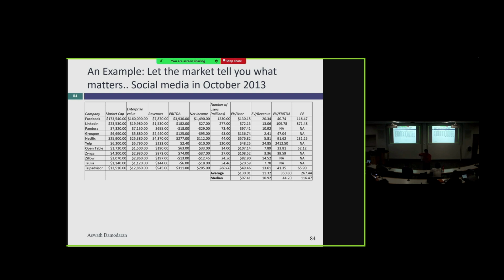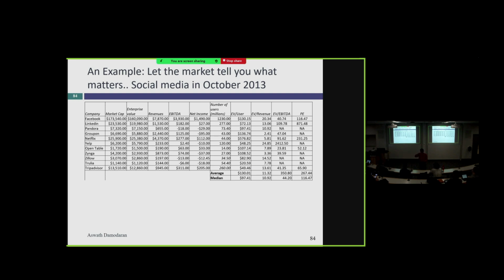So as sectors age, you see people move from very rough scalars to more refined scalars because they learn from their mistakes. The way that usually shows up is some company with a lot of users ends up crashing and burning, and they say, what did I miss here? It turns out that most of the users were fake. And you say, okay, I should focus only on the users that I can count on. So you can already see this evolution in the social media business.